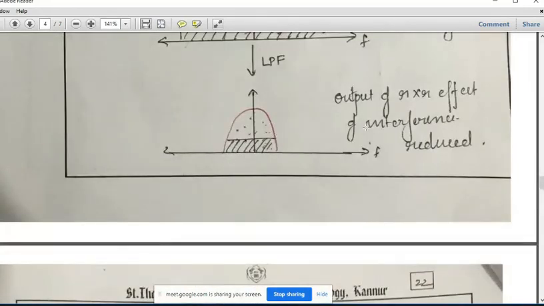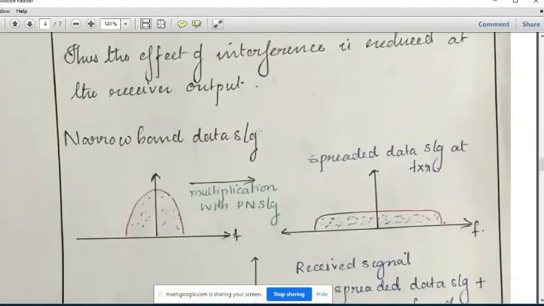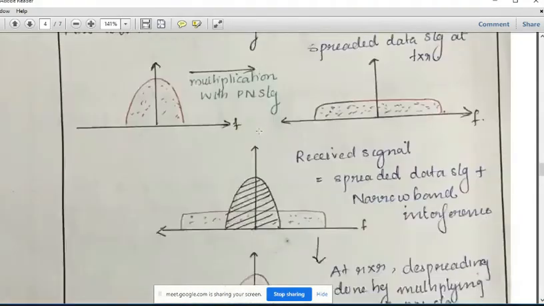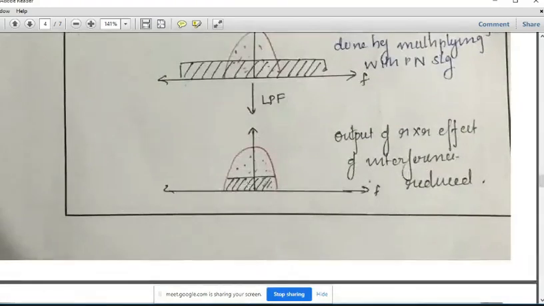The effect of interference is reduced at the receiver output, compared to the original channel effect of I of t.